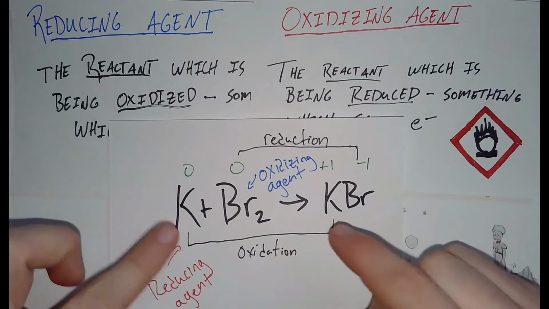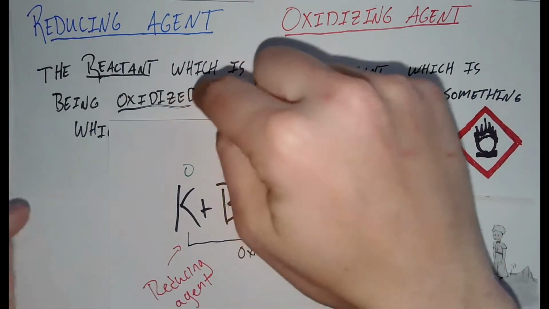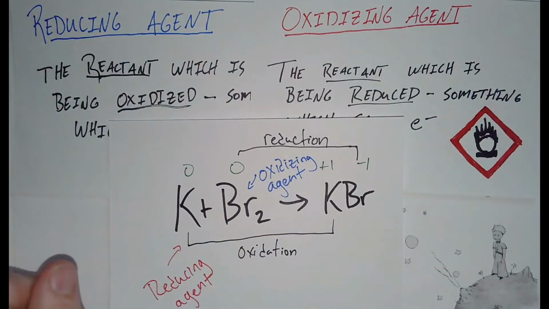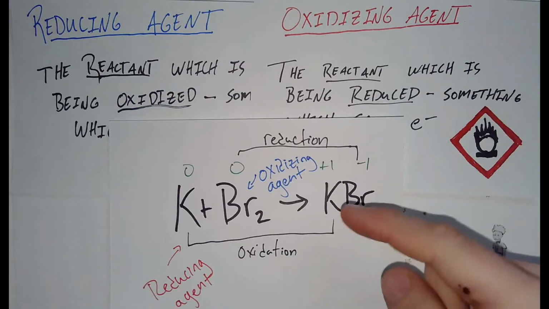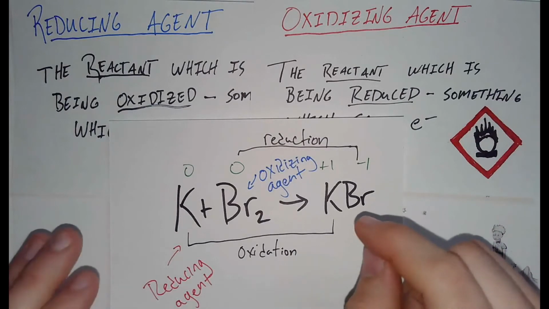Alright, so a little tricky, right? Potassium undergoes oxidation, and because it's being oxidized, it's the reducing agent. And bromine is the oxidizing agent, and I understand that my colors are backwards here. I just noticed that. I apologize. But that's tricky.